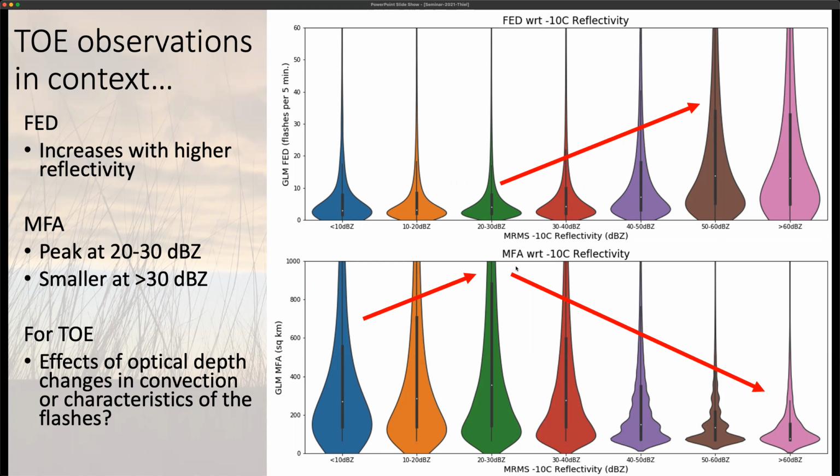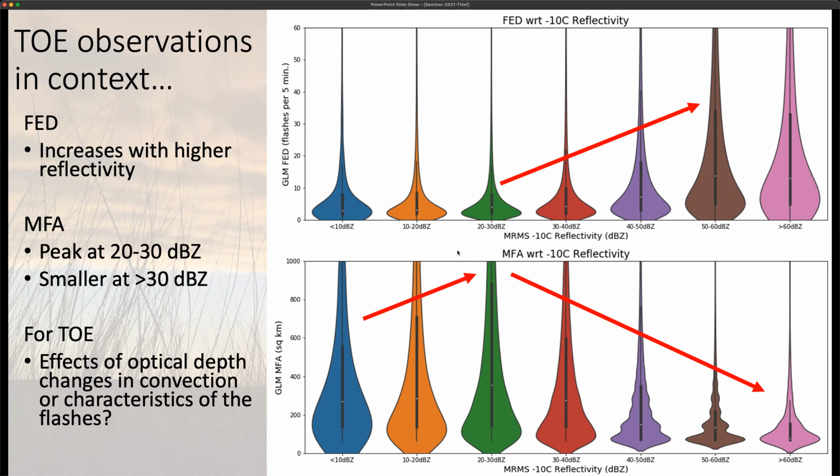However, with the minimum flash areas, we do see a peak at around 20 to 30 dBz, which is commonly around where you'd expect to see convective stratiform flashes, and in those areas sufficient for charge separation, and then decreasing from there. So we do have an increase in our optical energy, but we have decreasing flash sizes. These smaller flash sizes will then contribute less overall, unless they're in substantially small and targeted regions.